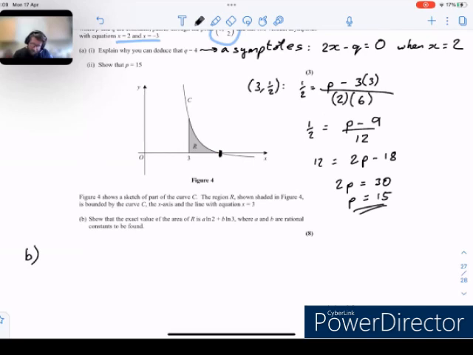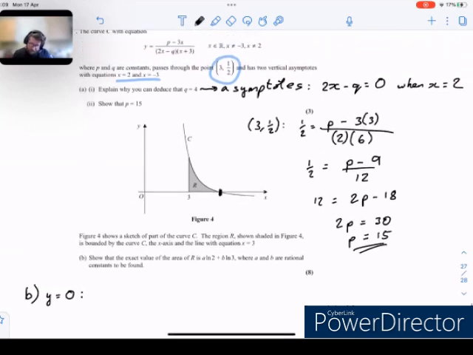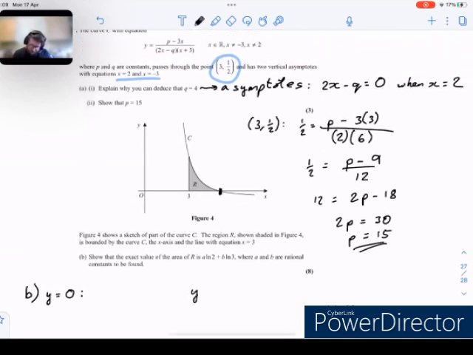In order to find where it crosses the x-axis, we make y equal to 0. Let's write out what y is, because we know p and q now. So it's 15 minus 3x over 2x minus q, and q is 4. That's annoying because there's a common factor of 2 there that should really be taken out.